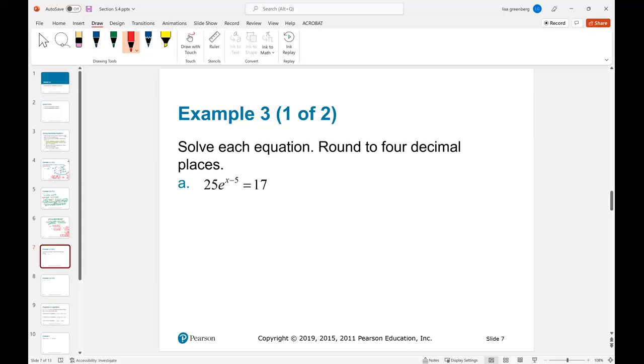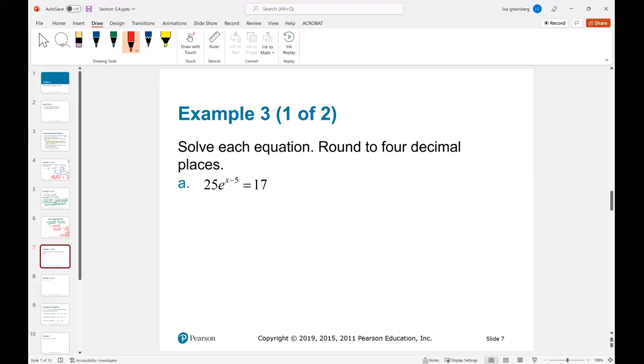Next equation, it says solve these and round to 4 decimal places. Well, again, I have this e, but the x that I'm trying to solve for is in the exponent. So again, I have to use my log rules.